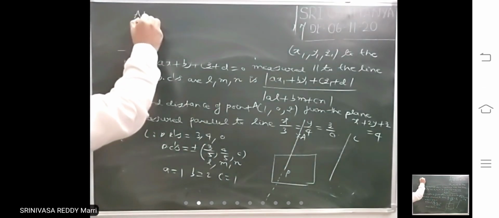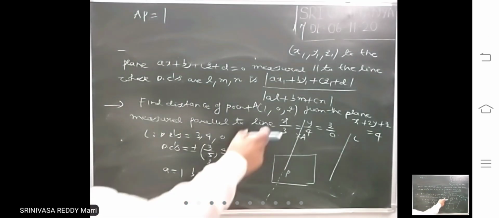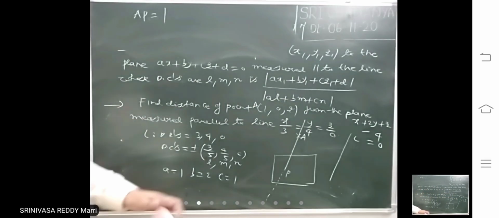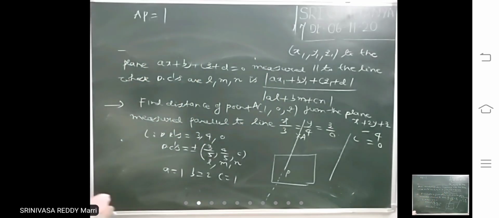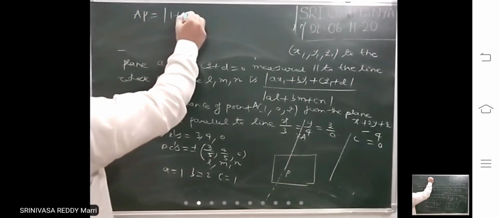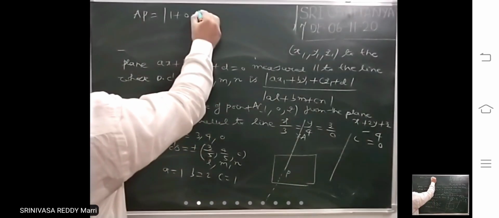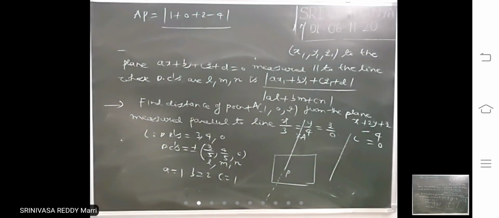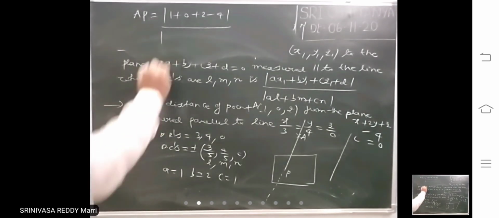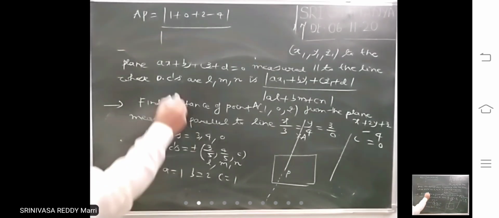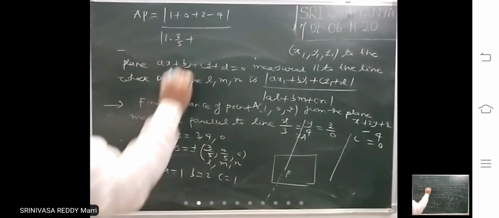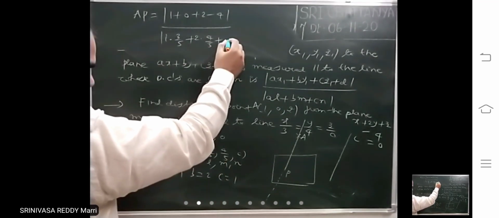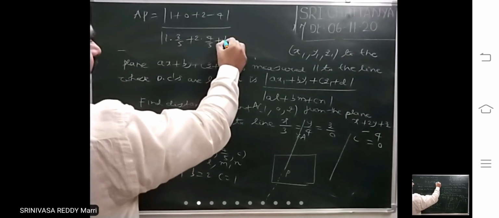So the required distance is nothing but modulus. This value you will get: the plane is x plus 2y plus z minus 4 equal to 0. This point you substitute here, in this modulus of 1 plus 0 plus 2, just like in perpendicular distance, 1 plus 0 plus 2 minus 4, divided by A into L. So 1 into 3 by 5 plus 2 into 4 by 5 plus 1 into 0.